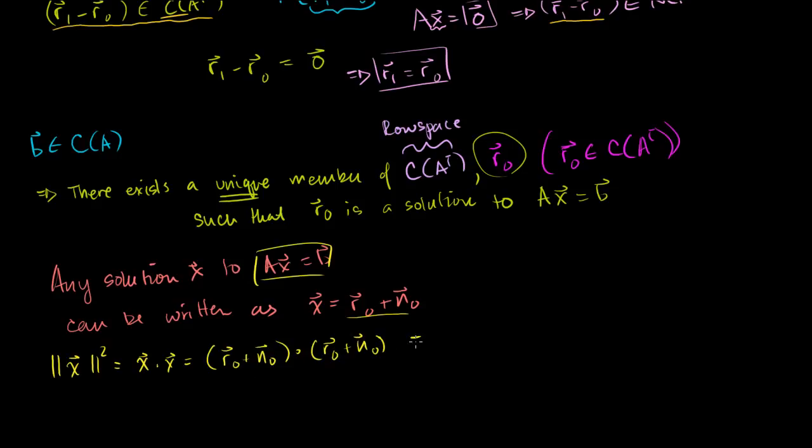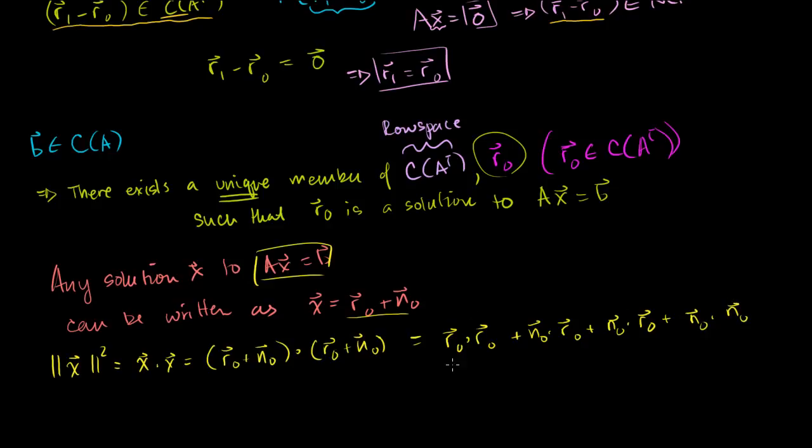This is equal to r naught dot r naught, plus n naught dot r naught, plus n naught dot r naught again, plus n naught dot n naught.